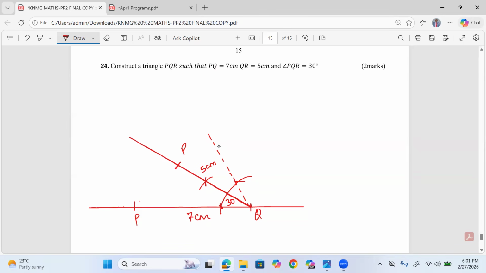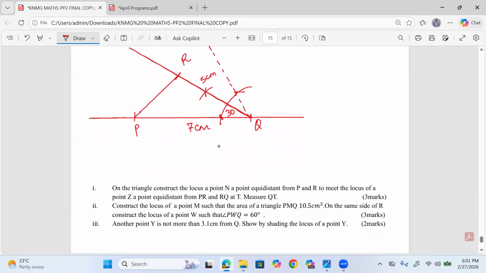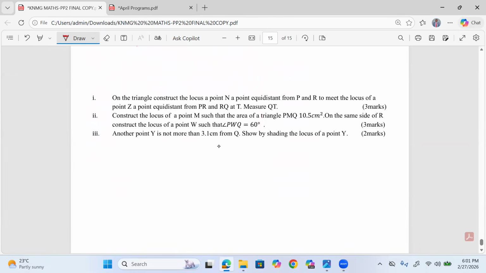This becomes our R. And when we join R to P, we should be having our triangle like that. So we got our triangle PQR. Very easy to construct.